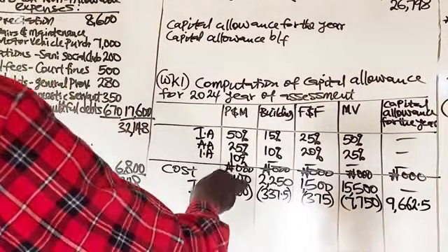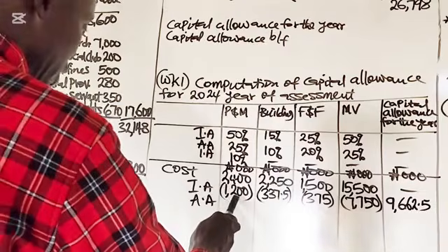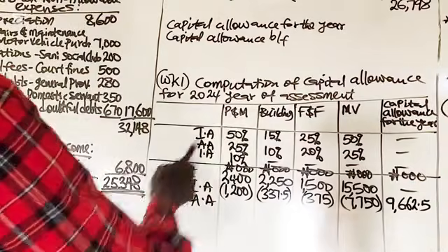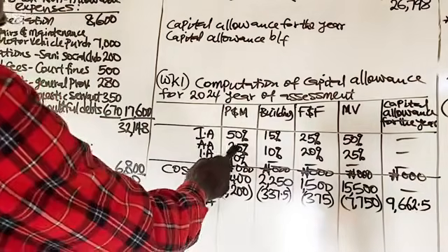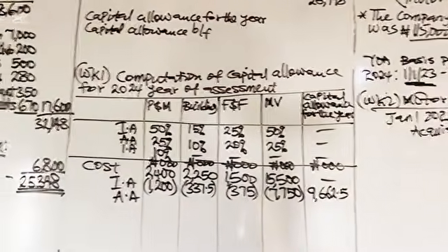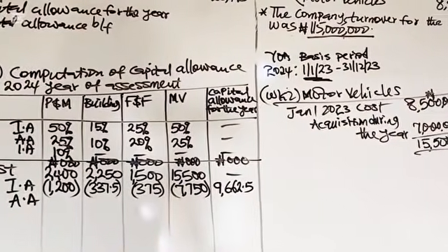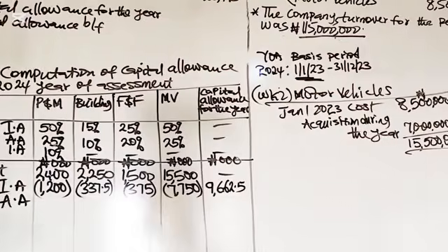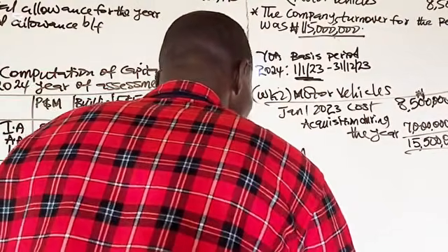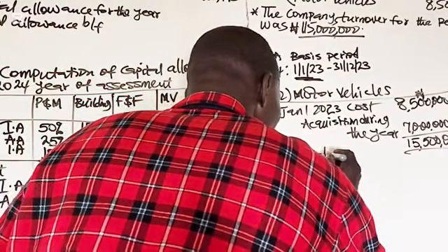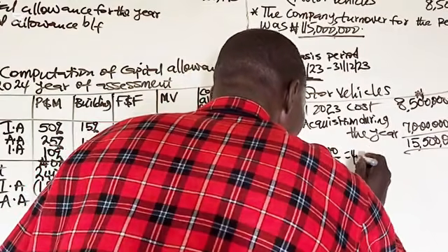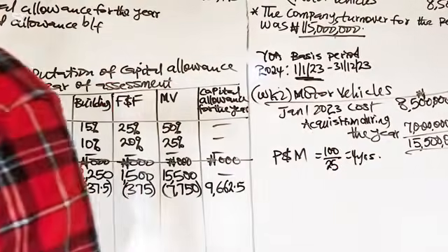So the residue is cost minus initial allowance. And then how many years will plant and machinery last? Annual allowance rate is 25%, so just divide 100 by the annual allowance rate. That gives us 4 years. It means plant and machinery will last for 4 years.